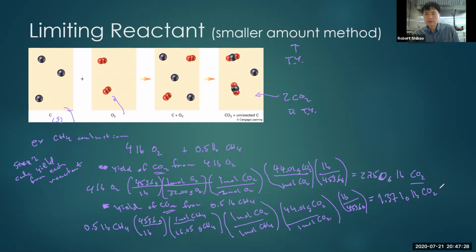And so we call the smaller amount, 1.371 pounds of CO2, the theoretical yield. Theoretical yield, we'll call TY.